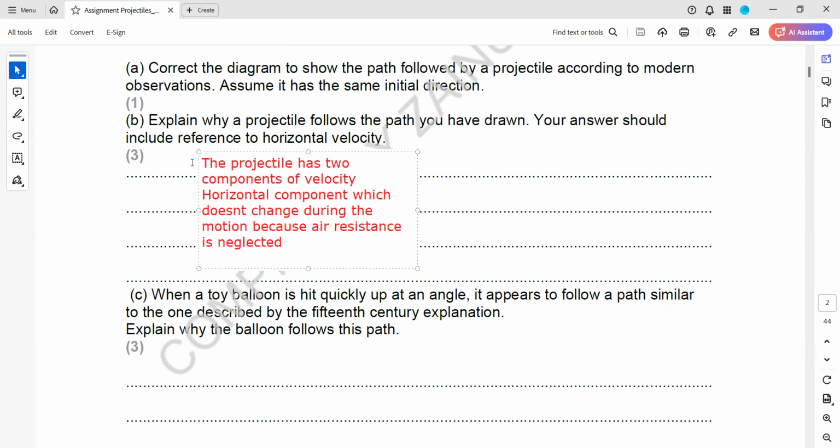That is one thing. And the second thing, the vertical component.